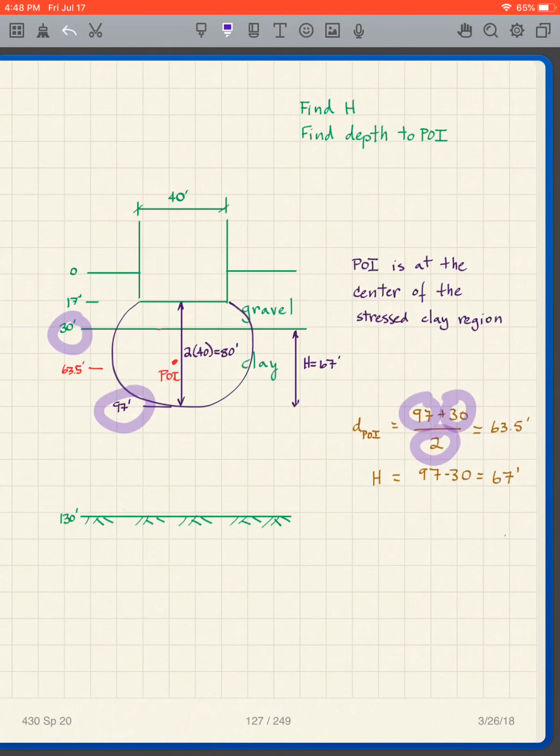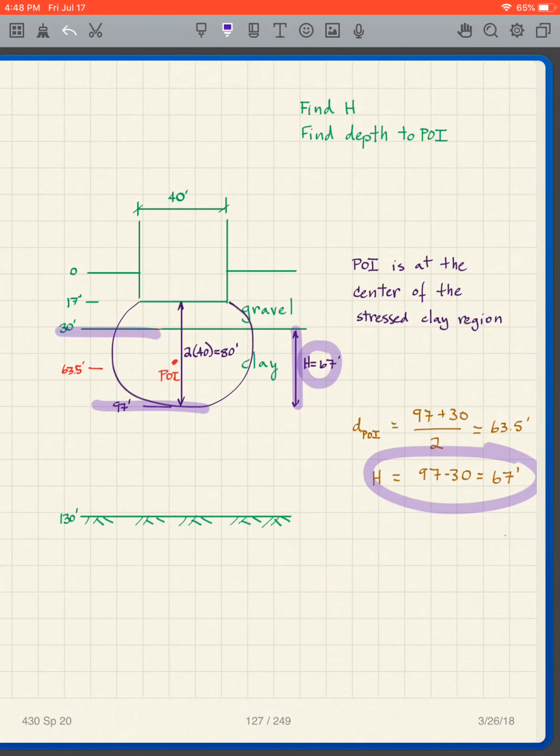So in other words, on the figure, the depth of my point of interest is 63.5 feet. That's the middle, halfway between 30 and 97. And then if I take 97 minus 30, I get my h, which is 67. Straightforward, very straightforward once you have an understanding of what's going on here.